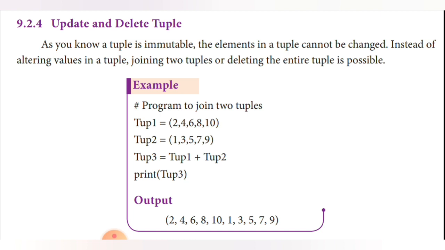Now you can see the example program of how we can join two tuples together. We already know how to create a tuple: the tuple name is equal to the tuple elements within parentheses.